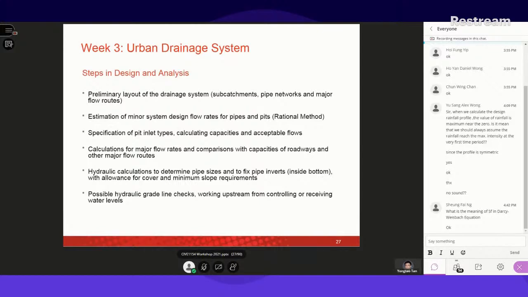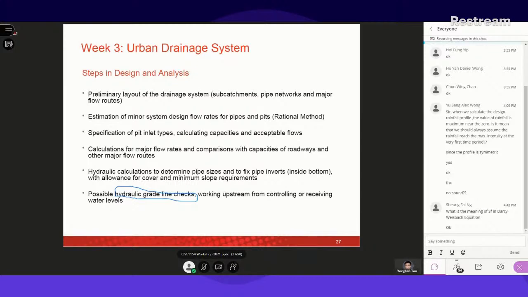And also the hydraulic grade line, the HGL, normally is required to coincide with the upper invert or inside top of the pipe, no pressure. And no pipe diameter should be less than the diameter of an upstream pipe.